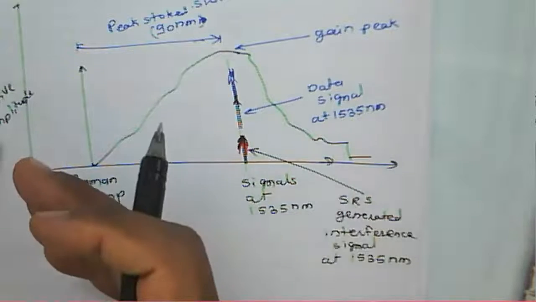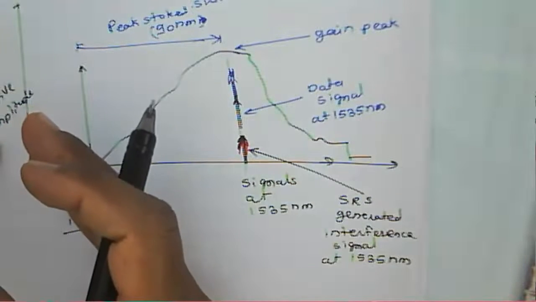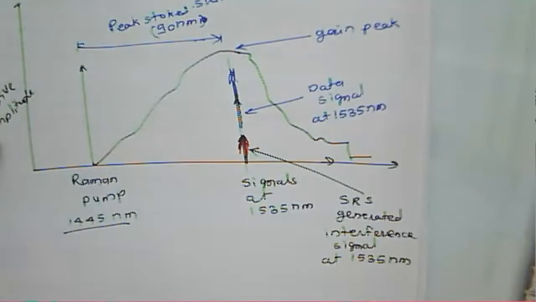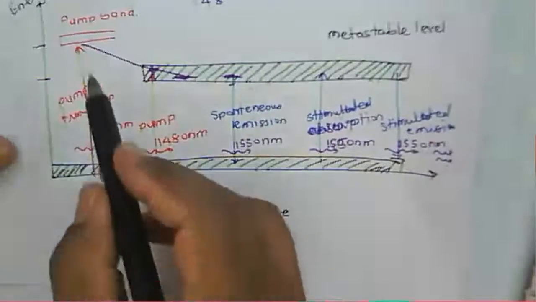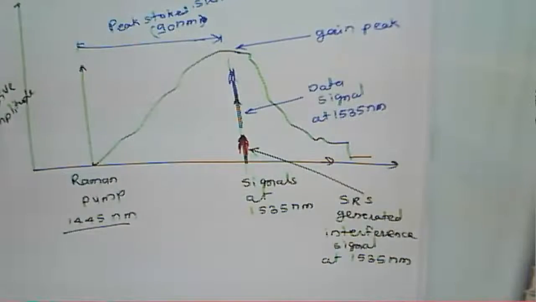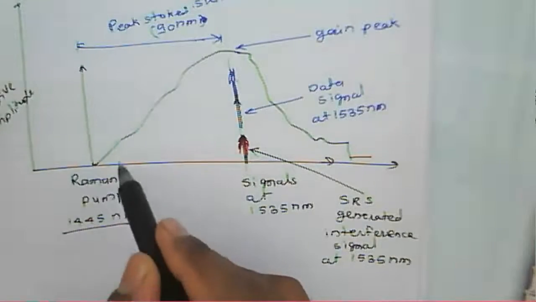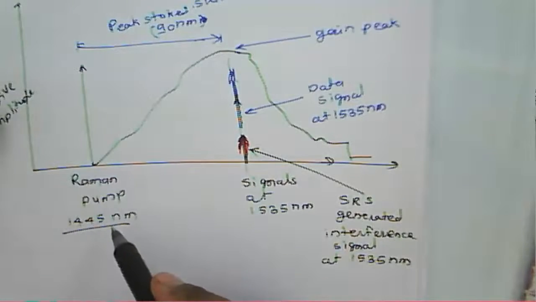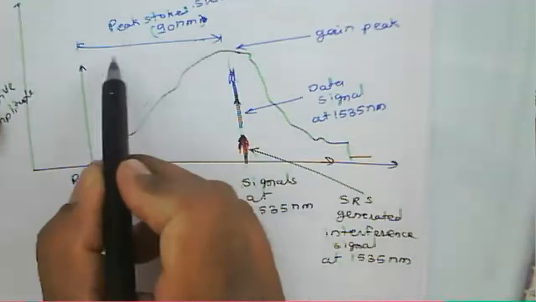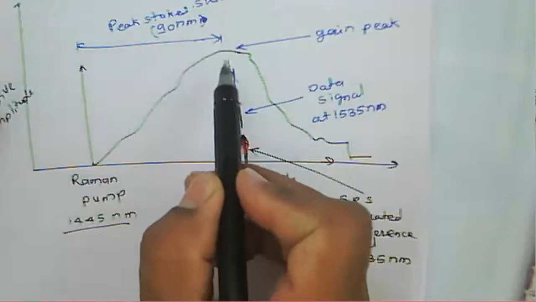If you consider an EDFA, the pump transition is at 980 nanometer. But in the case of a Raman amplifier, it works at 1445 nanometer with a peak Stokes shift of about 90 nanometer.